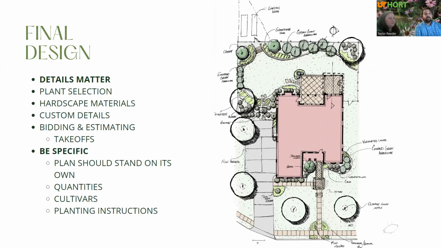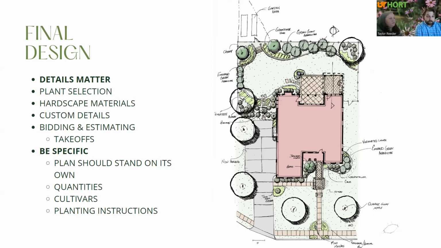But it's still really sketchy, but this one actually has plants specified. It has plants drawn to the correct scale. And so there's a lot of those elements that are included in the final design. This is where the details matter. This is where you get a lot of times your takeoffs for your hardscape, like walls or sidewalks or patios.